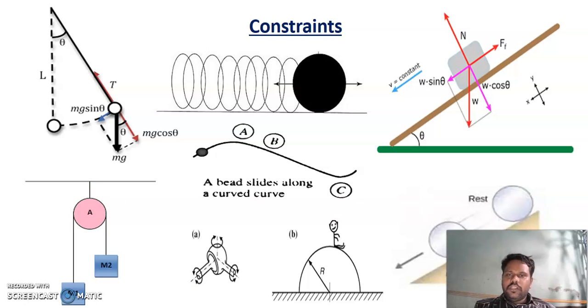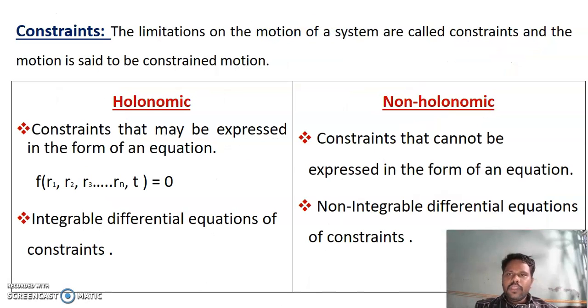This restriction imposed on the motion of the objects are called constraints. The limitations on the motion of a system are called constraints, and the motion is said to be constrained motion.